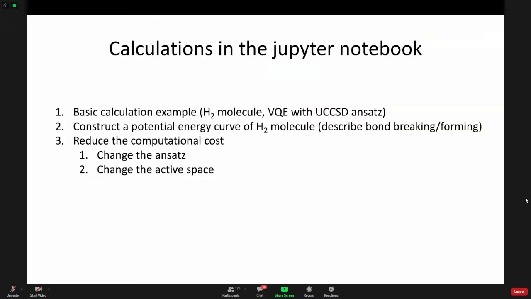And then I construct a potential energy curve of the H2 molecule, which describes bond breaking and forming. And I'll describe to you what we do later on. And then finally, I show you an example of reducing the computation cost of the quantum chemistry simulation. The first one is changing the ansatz, and the second one is changing the active space. And I think I need to describe what we actually do for the third example.